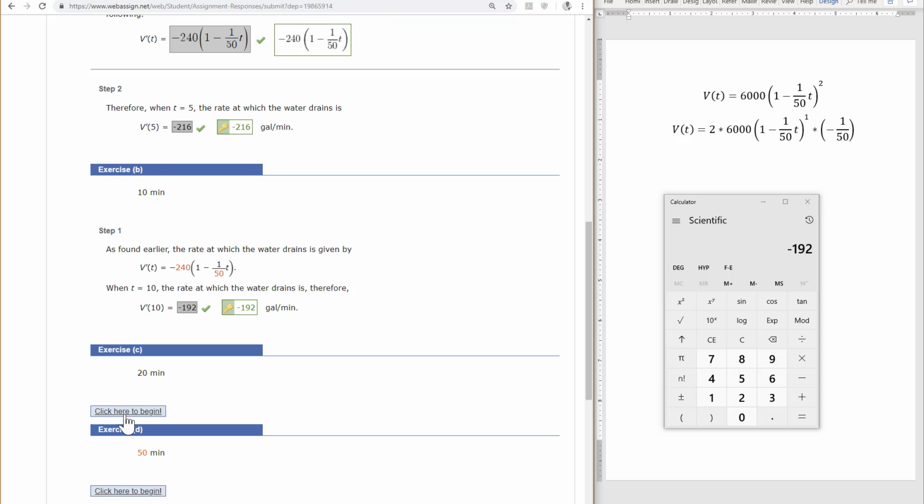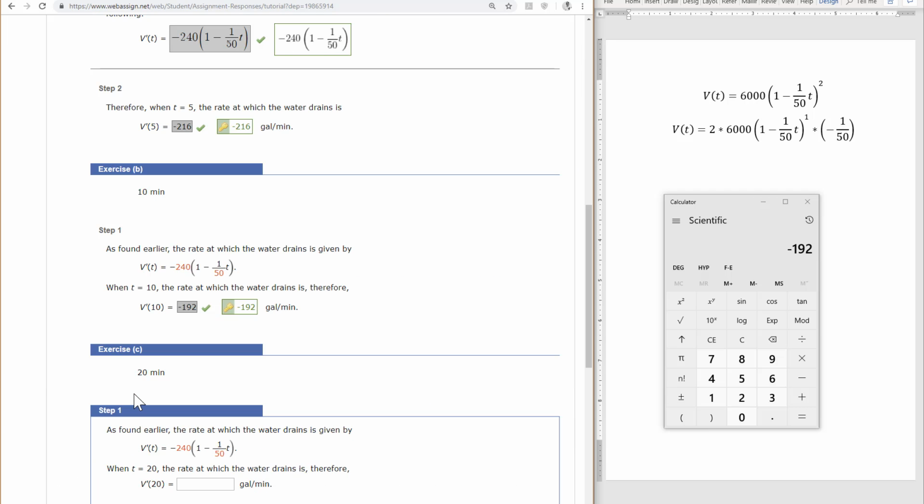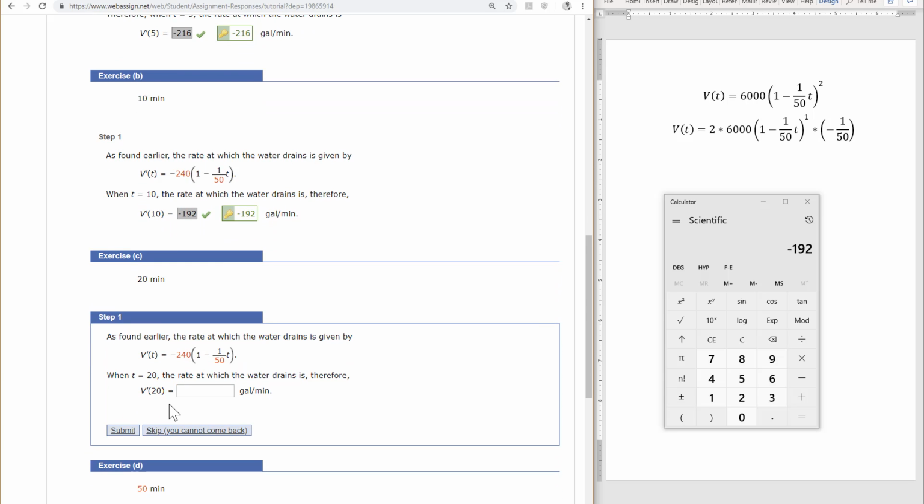And the next part, we have that rate, and now we're going to put 20 in there, sorry. So let's put 20. Again, 20 divided by 50, and then adding 1 to the negative of that, and then multiplying by negative 240.